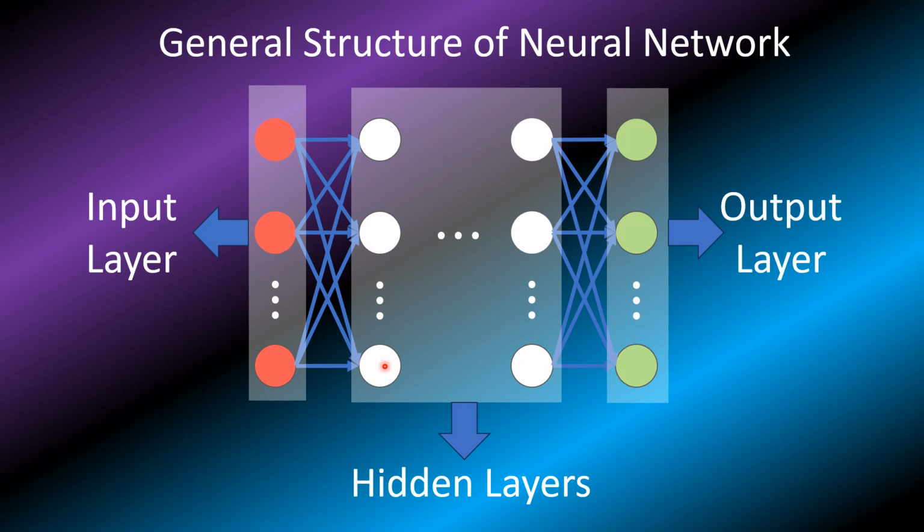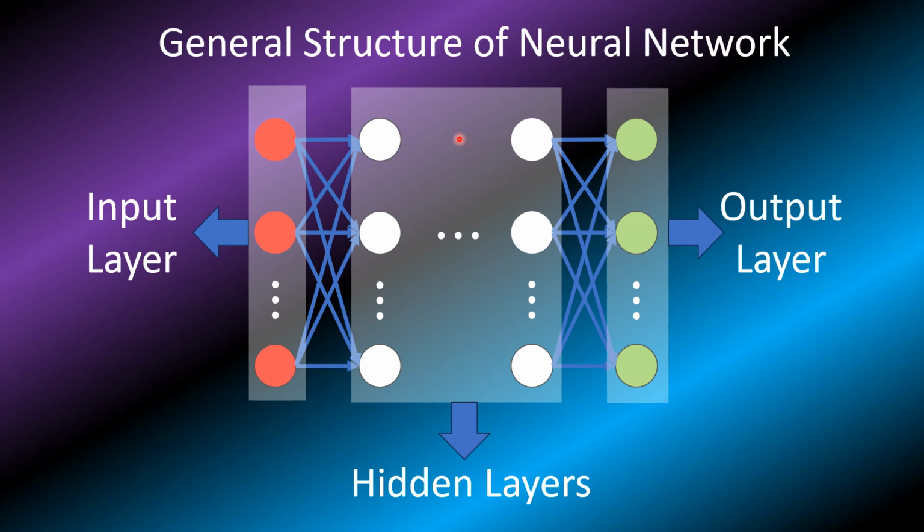Then you have hidden layers. The first hidden layer is connected to the second hidden layer, which is connected to the third hidden layer, etc., until you reach the last hidden layer. Then the last hidden layer is going to be connected to the output layer. And just like before, the connections are between each and every neuron.